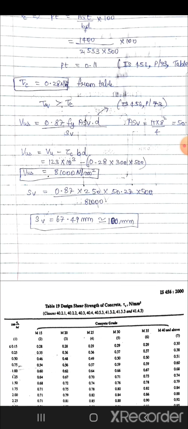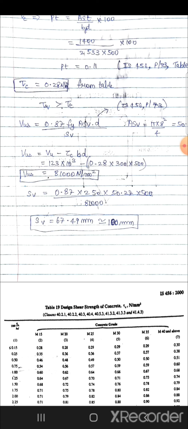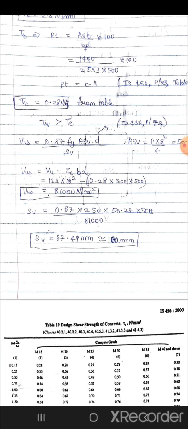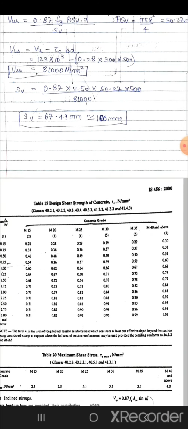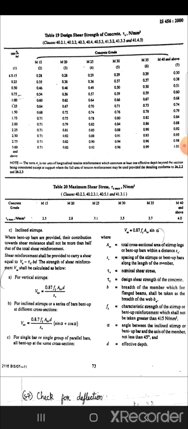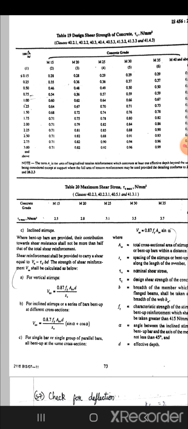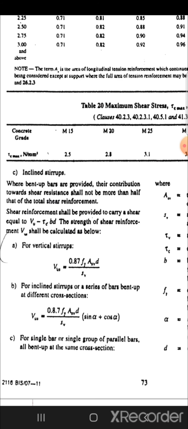If the tau c value is less than tau v, then we must find the spacing. So the formula for finding it is, we must provide shear reinforcement. So the formula is here.